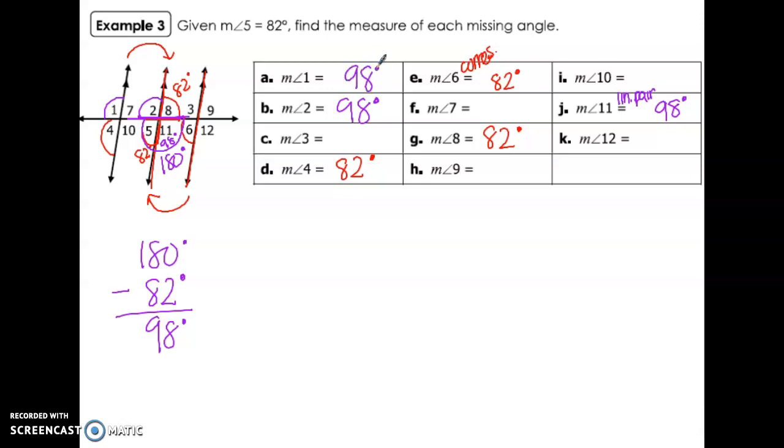But now angle 1 is an exterior angle, which means you can use another exterior angle to find it. You can find its corresponding angle. You can use the linear pair of 1 and 7. There's just so many ways that you guys can do these. You are not going to go very wrong.